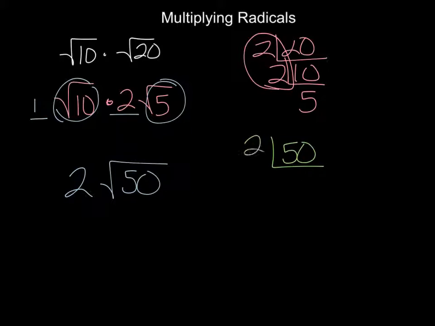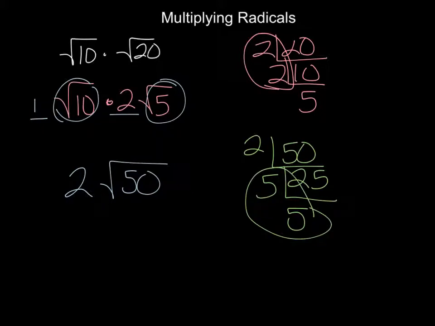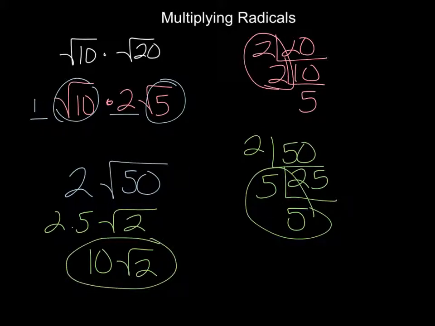So 50, you get 2 times 25. 5 times 5. So now if 5 comes out, there's already a 2 out, and our 2 stays in. So 10 radical 2 would be your final answer.